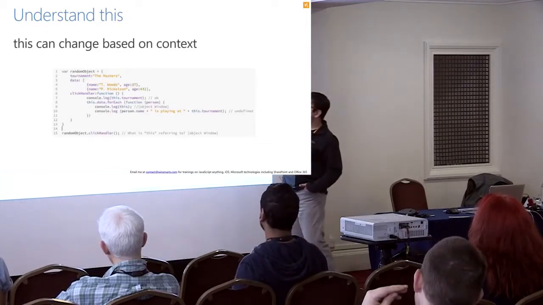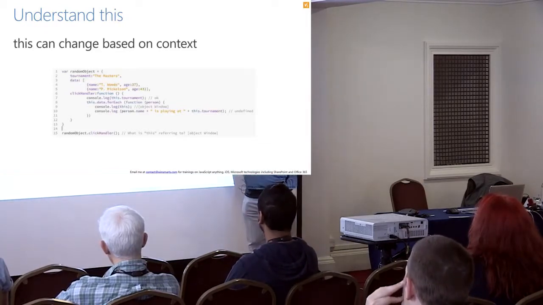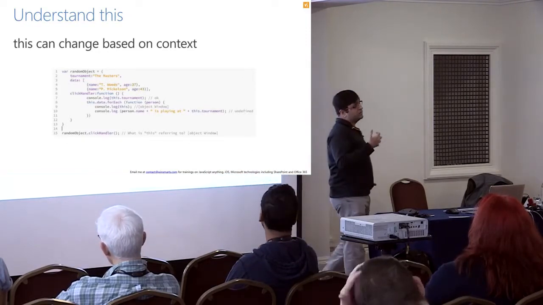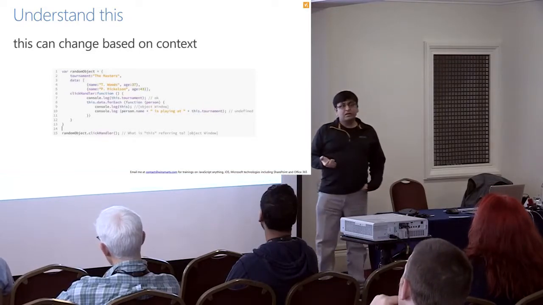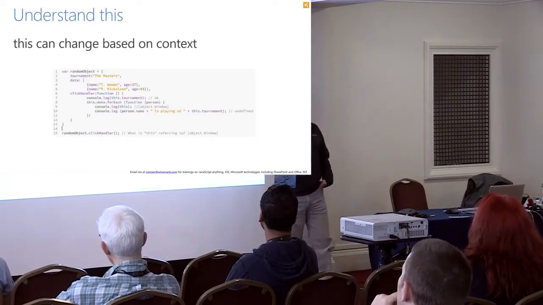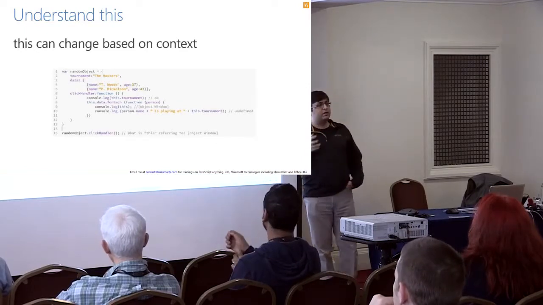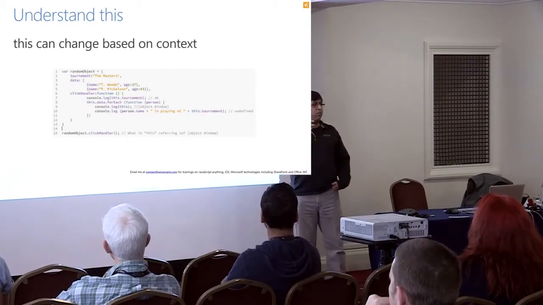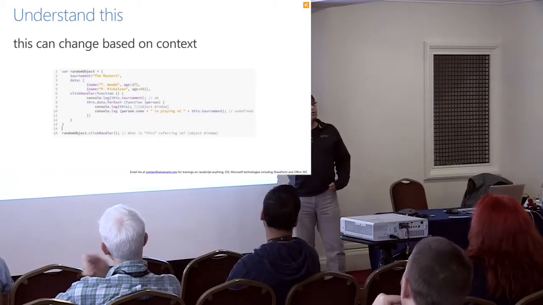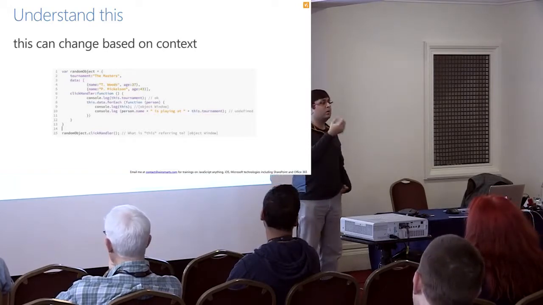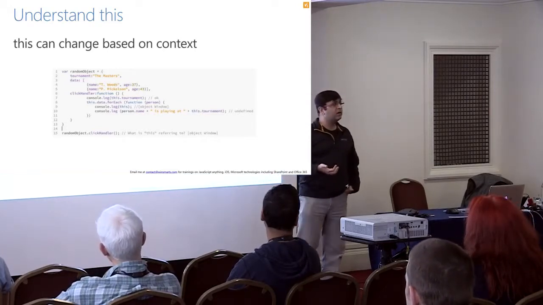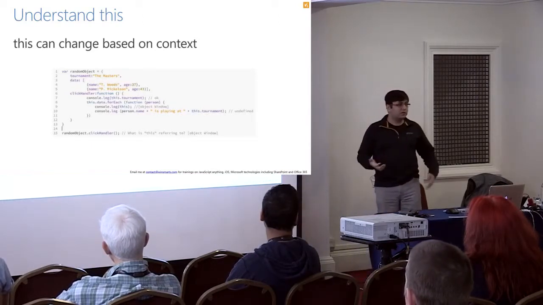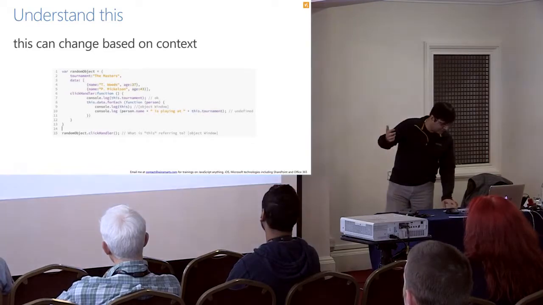But then I go inside and say console.log this, and now the context changes to object window. Imagine if this was a constructor-based function, like one you can call new on. Then this could become confusing, because during the constructor invocation you would want to save this into that if you want to refer to it afterwards. That is a very, very common pattern we use in JavaScript. So this can be confusing, and this is something important to understand.